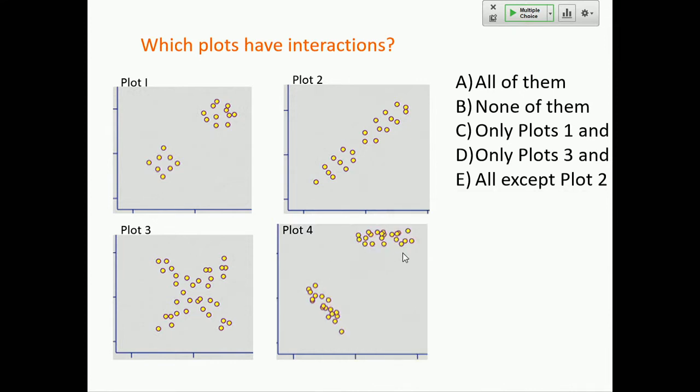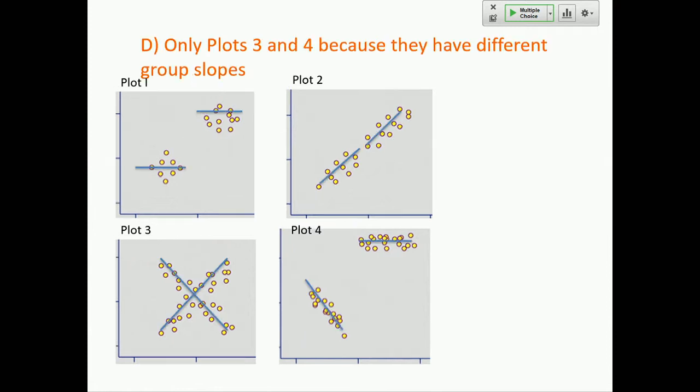Why? Because you can see plots 3 and 4 have different group slopes. These have the same group slopes, but in plots 3 and 4, the slopes are different between the two groups. Does everybody understand that? You have a question? Yeah.